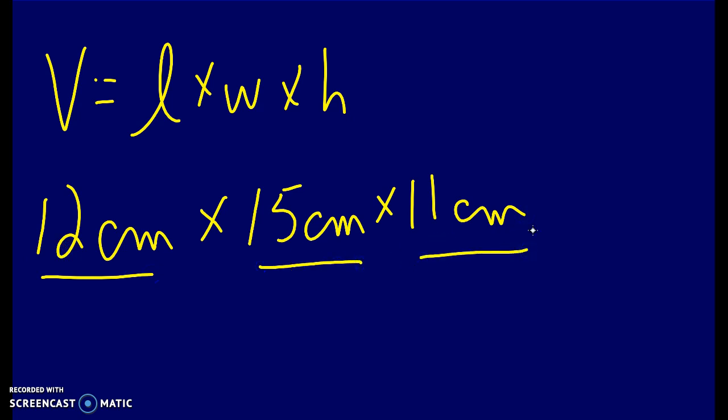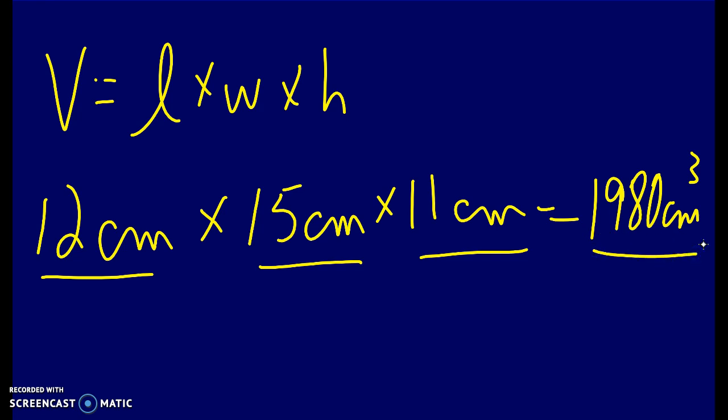It really doesn't matter which is which, no matter which way we place the rectangle on the ground. When we multiply those three together, we get 1,980 cubic centimeters. That's the volume of this particular rectangle.